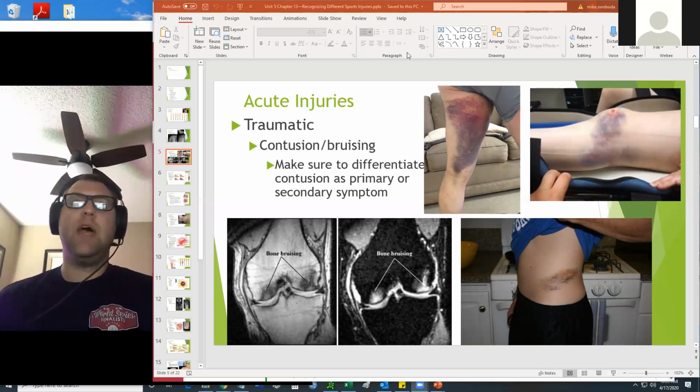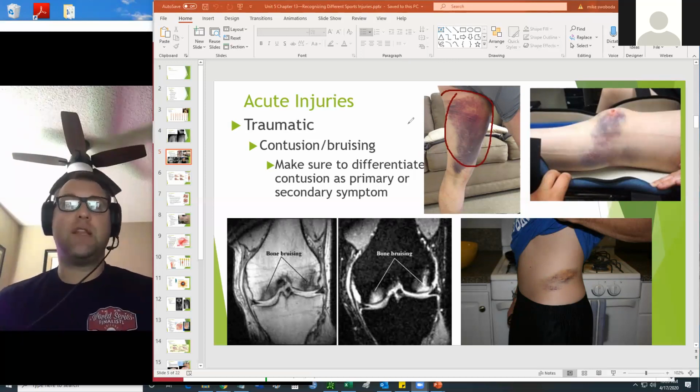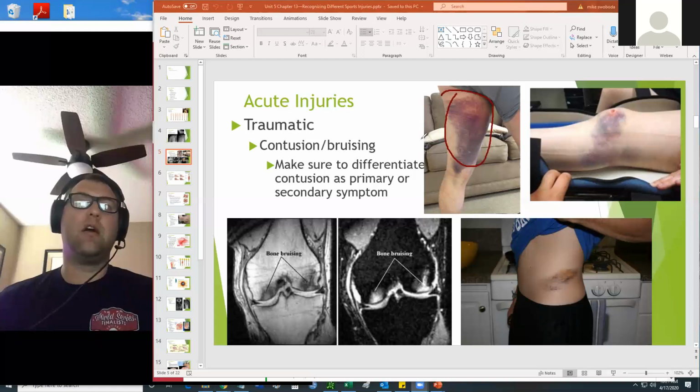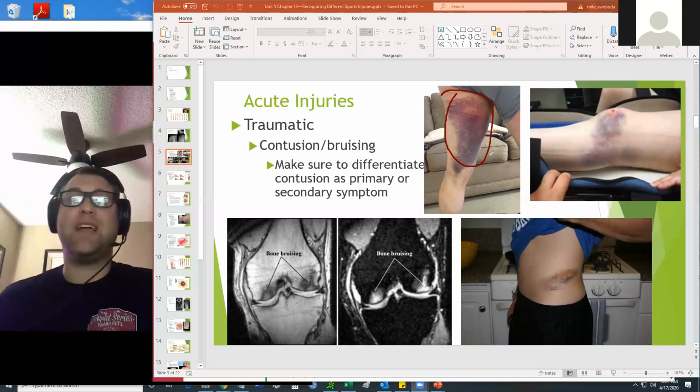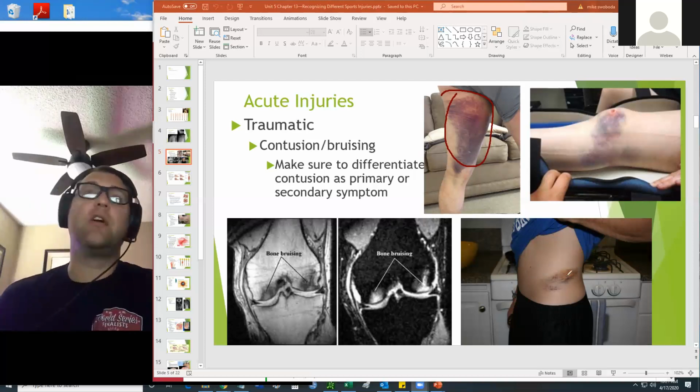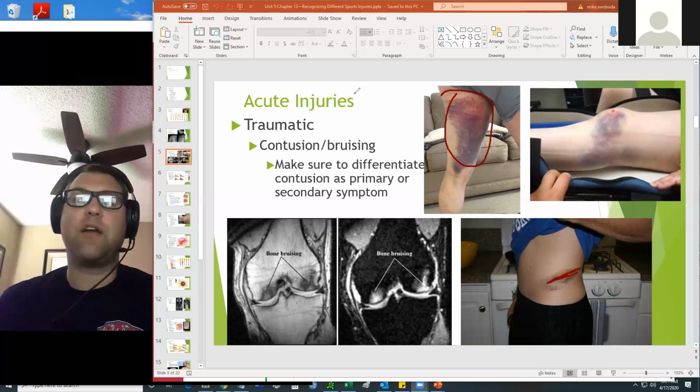If you get a big bruise on your hamstring, most likely because of a hamstring tear, you should not be playing, because if I start running now, I could potentially tear that hamstring even further, causing more damage. There's no more damage I can cause to my hip bone there.